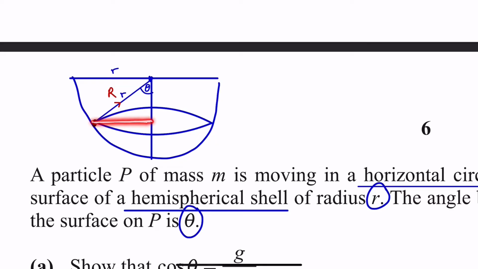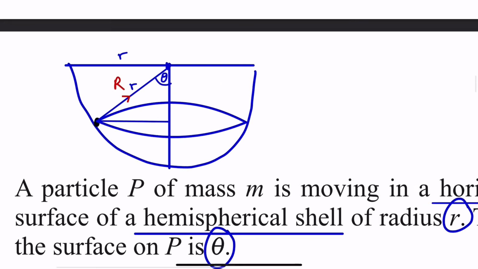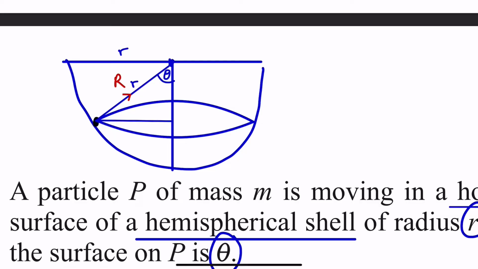This one is definitely not equal to this, right? So let's draw a line over here. So since this is theta, this is r, our radius of the circular motion would be r sine theta, right?